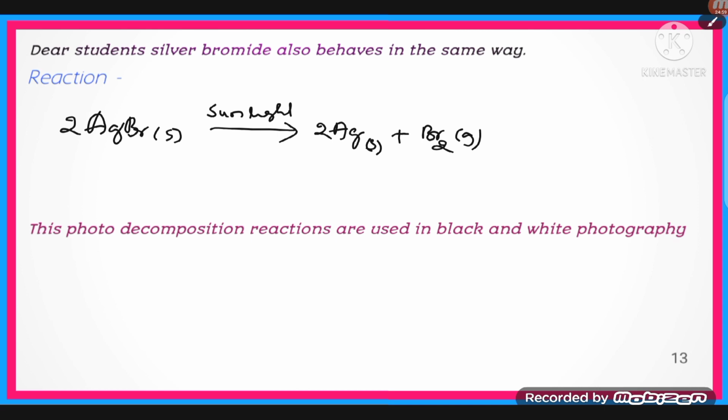This photo decomposition reaction is used in black and white photography.